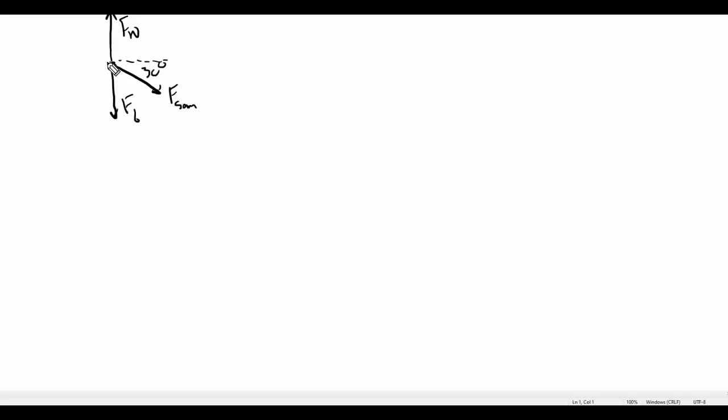But now there is also F Sarah, 20 degrees above the horizontal. And to top it all off, we also have FFK. So now, when I write my second law equations, F net x equals MAX, F net y equals MAY.